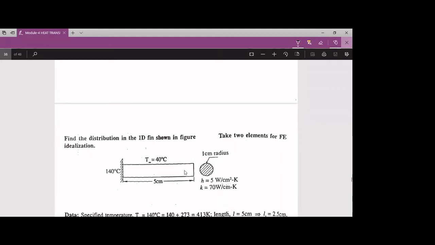Four force vectors can be taken, according to the type of problem. Now, the convection takes place on the perimeter, and only due to convection do we consider the force vector.